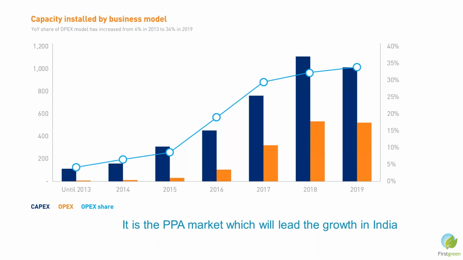Opex means the RESCO model, or the market under power purchase agreements. It is important that we tap this market, and knowledge of this segment is very important to all the professionals working in this area. That's the reason we thought this would be a useful topic for our participants.